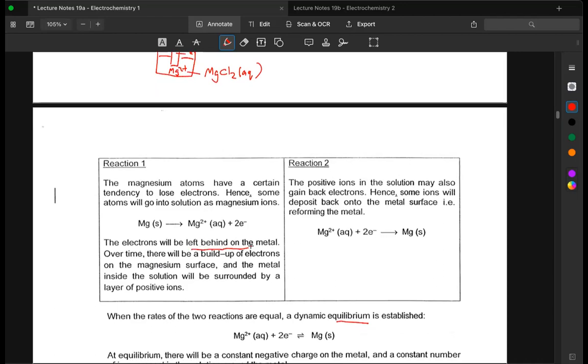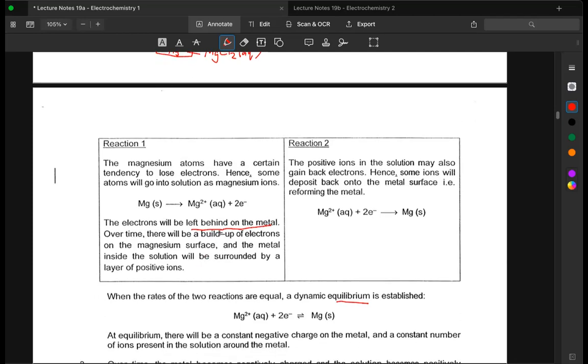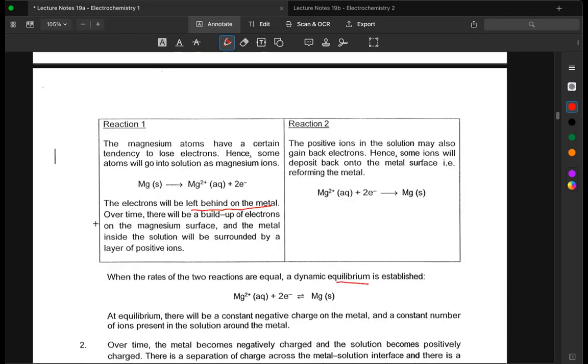That's a wrong concept. Over time, on the surface of the magnesium, there will be a build-up or accumulation of electrons, and the metal inside the solution will be surrounded by a layer of positive ions. So what it means is that you have the metal, magnesium, with the electrons here on the surface or moving within the rod.